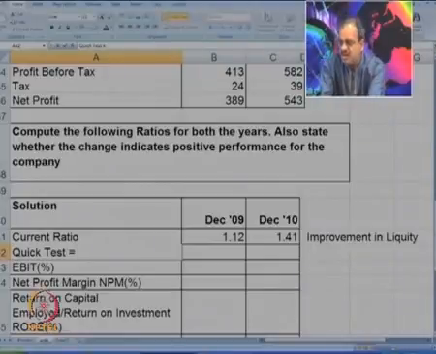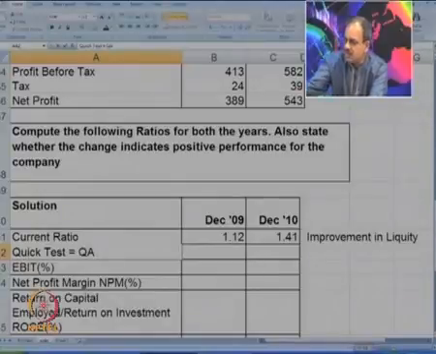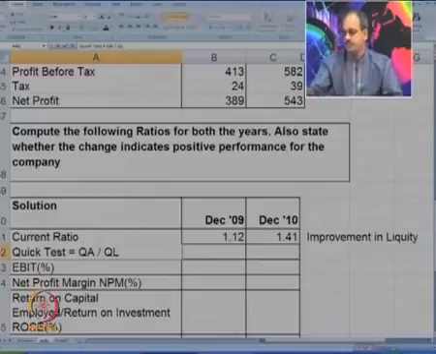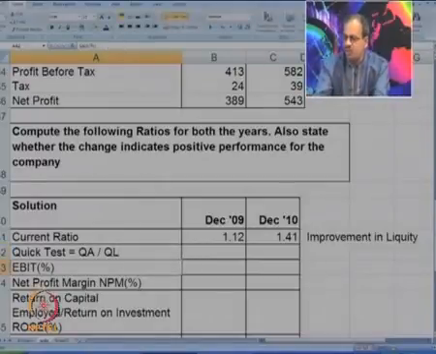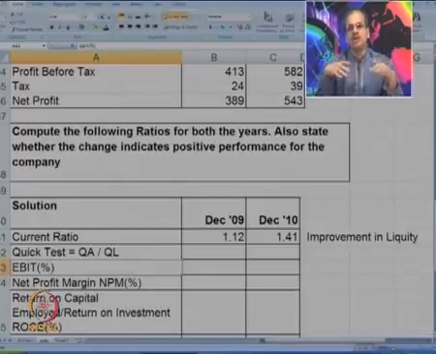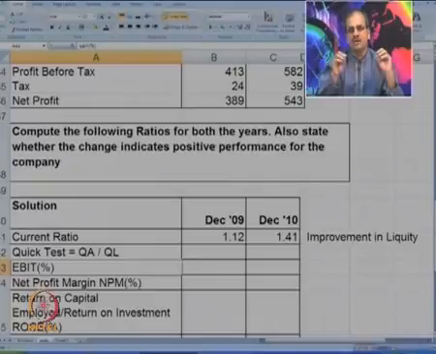It is essentially a relationship between quick assets upon quick liabilities. So quick assets are more or less same as current assets. However, we do not include loans and advances. We also do not include stock.